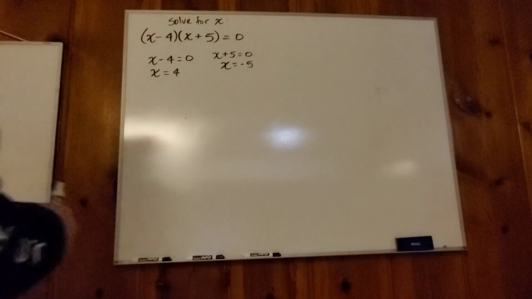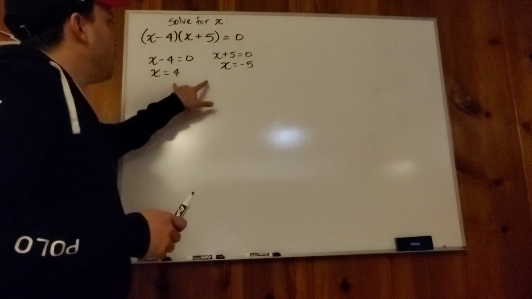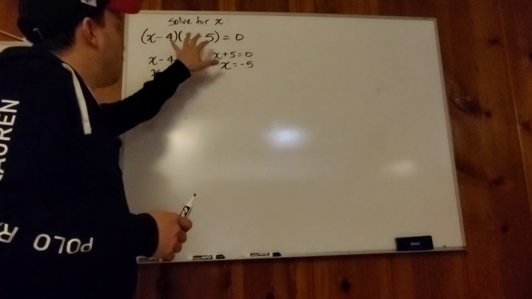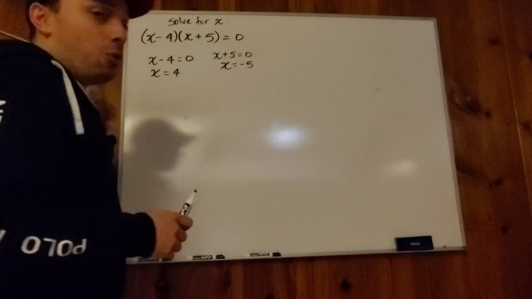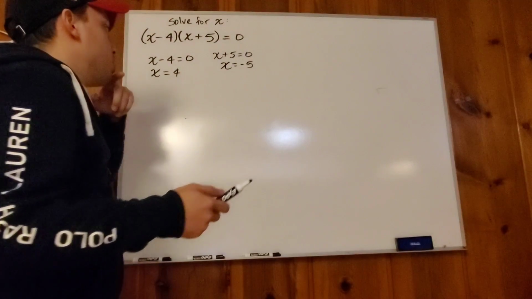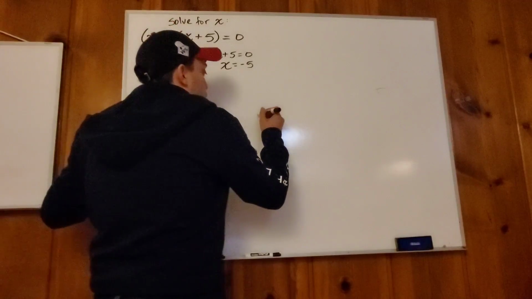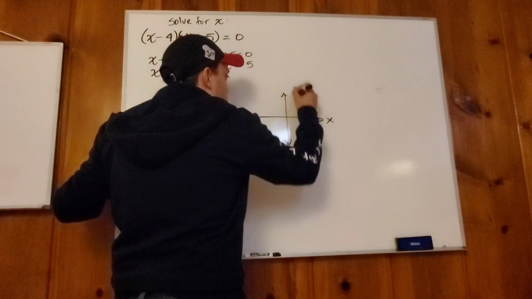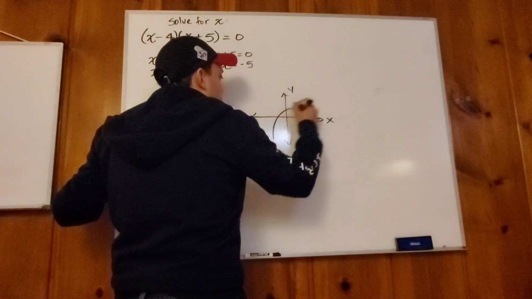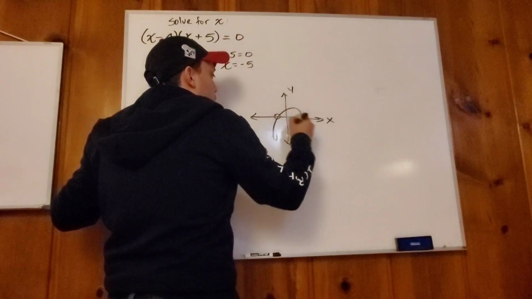The reason we're going over the zero product property and finding what x is when this equals 0 is because this is how we find the zeros. And if you actually understand in a quadratic function, when you have x and y, and we have a parabola, it doesn't matter if it opens upwards or downwards. Right here, this is a 0.